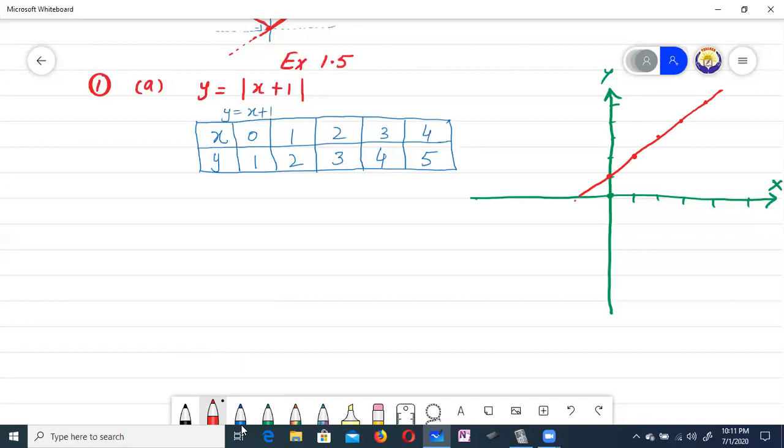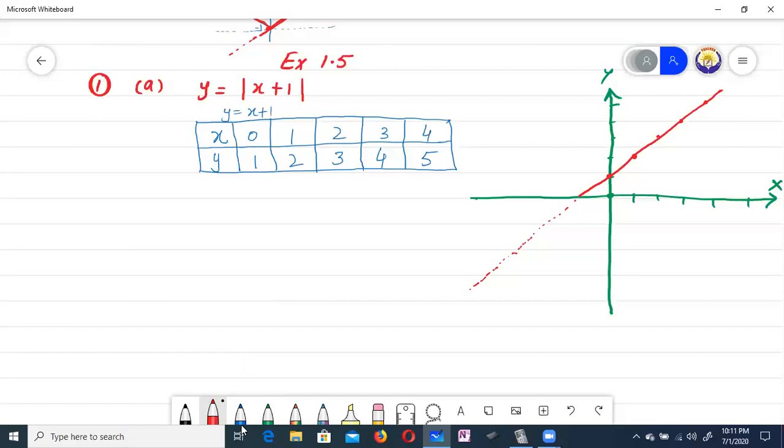Below the x-axis, I'm drawing here the dotted line, as this is the graph of y is equal to only x plus 1. When we have to draw the graph of modulus of x plus 1, then the portion of this line below the x-axis, we have to draw the image of that line.